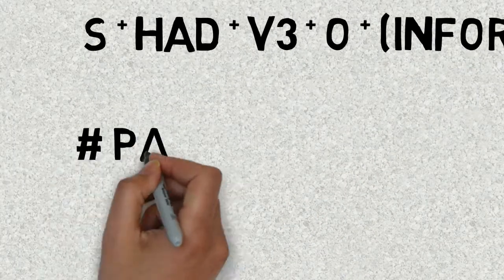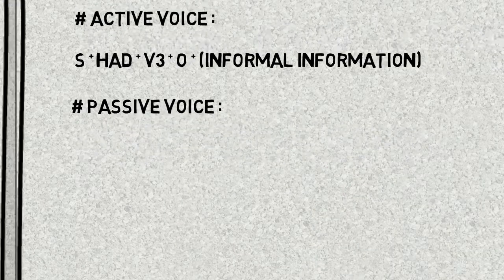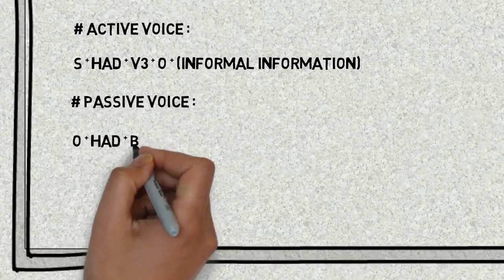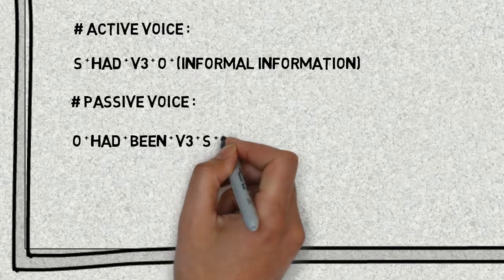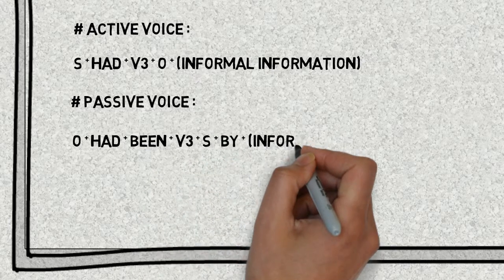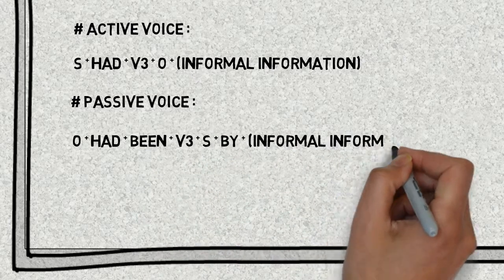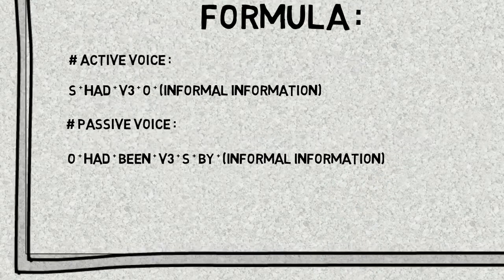And for the passive voice, object plus had plus been plus verb 3 plus by plus subject plus informal information. For example, we can see from this video.